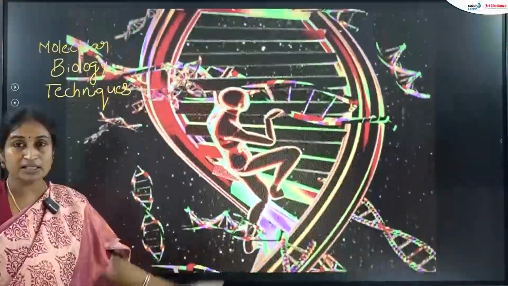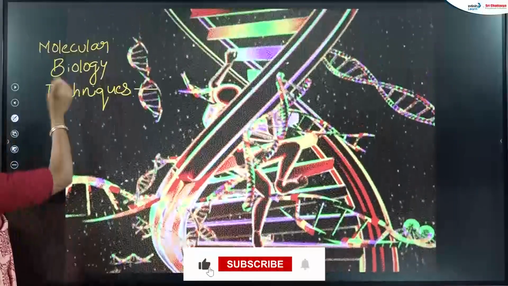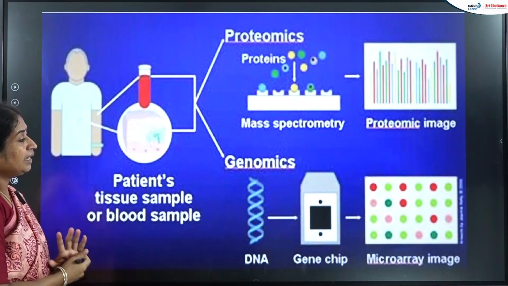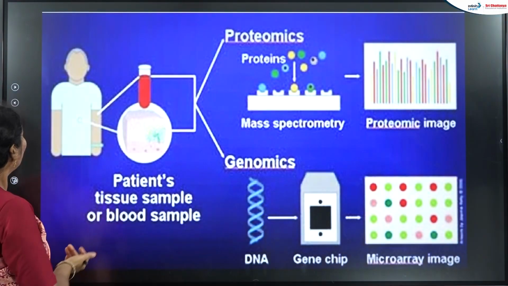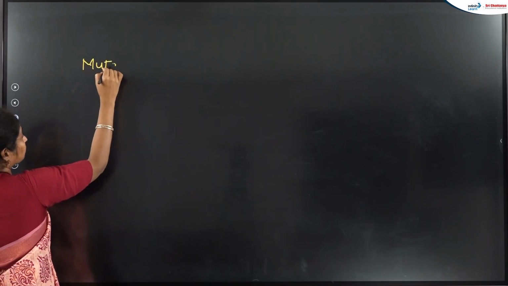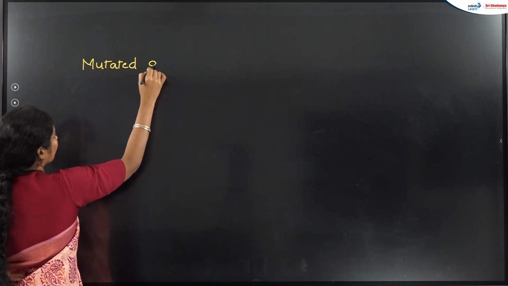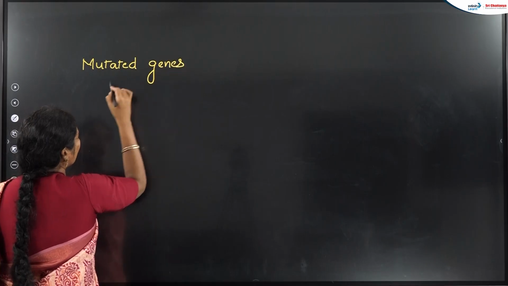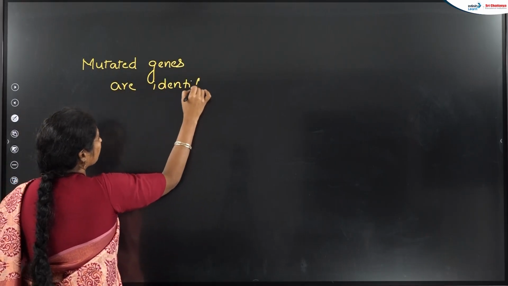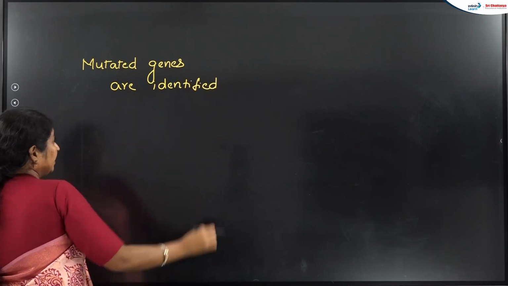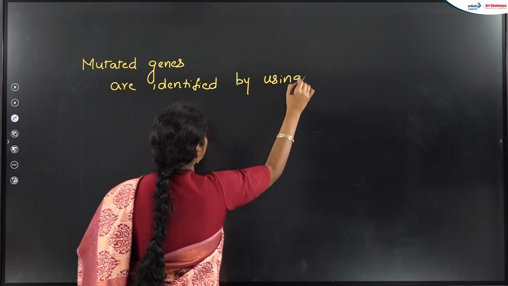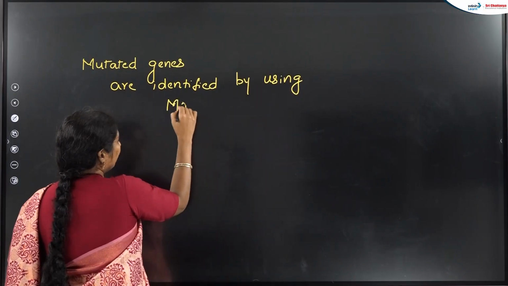So hereditary cancers we detect by using special techniques called molecular biology techniques. In these techniques we identify the mutated genes.